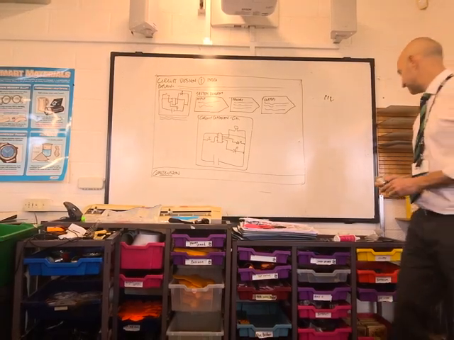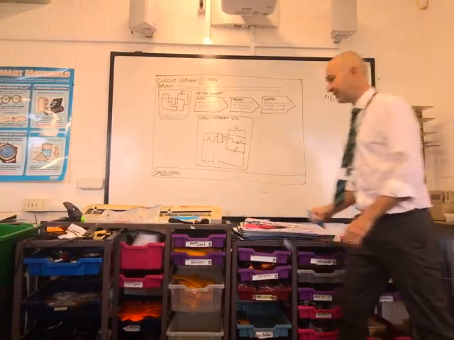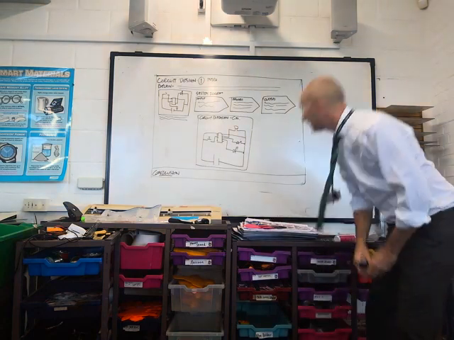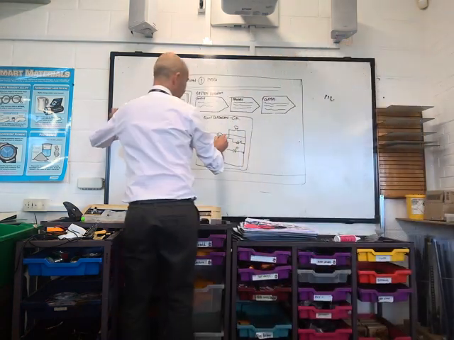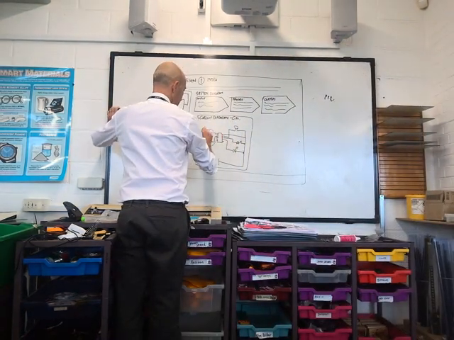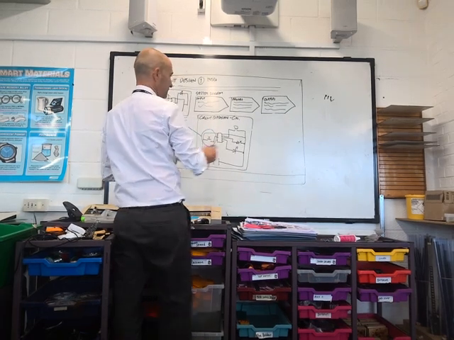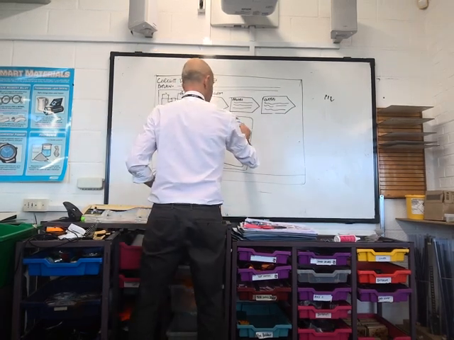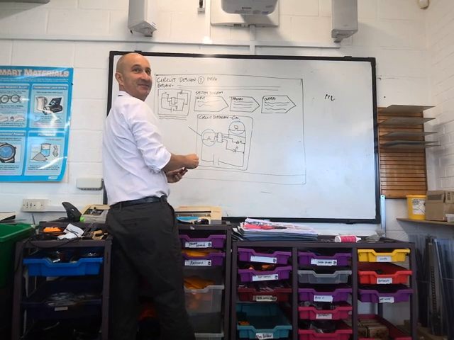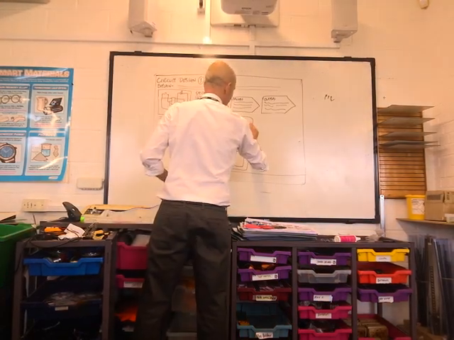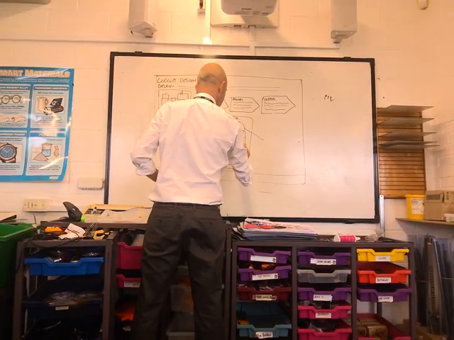Not quite yet. I'm going to do this in blue. I think probably it'll be better done in red. What I want you to do is circle part of the circuit. For example, do you know what that is or not? What, buzzer? Well done. I'm going to take it down here.